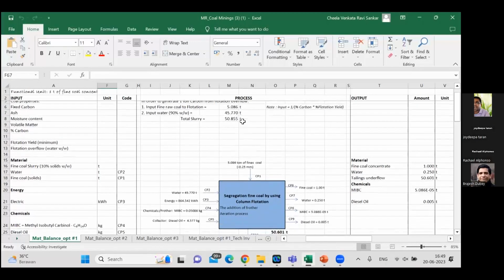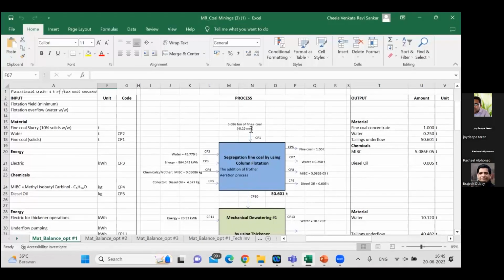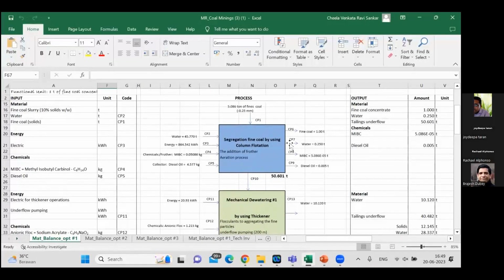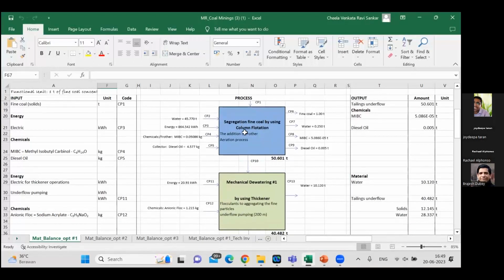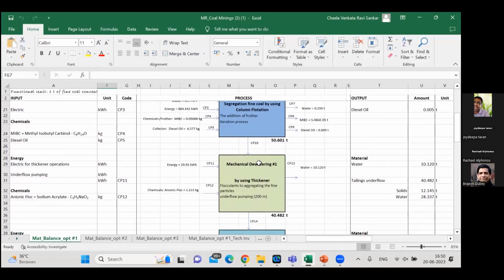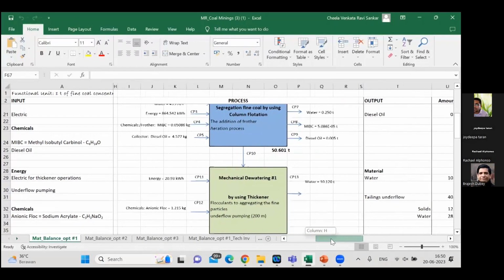In this particular activity, they have developed one. So you write each and every unit process. In that, you will supply a certain amount X of fine coal, where segregation of fine coal using column flotation has been considered. So that process is the first unit process. Then mechanical dewatering, considered using a thickener.